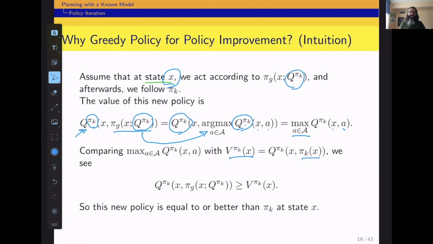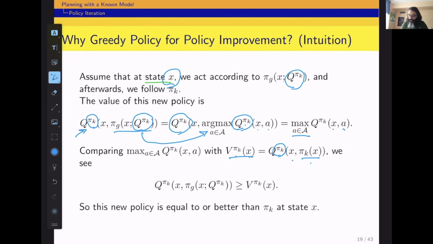If I choose the action according to pi k in the first step, and in the second step I also follow pi k, which means that in all steps I'm following pi k, that is v of pi k. So v of pi k at state x is q of pi k at x and pi k of x. Here I'm writing things for deterministic policies, but if it were stochastic, it wouldn't change much. I would just need to replace it with an expectation. But this is easier to see.